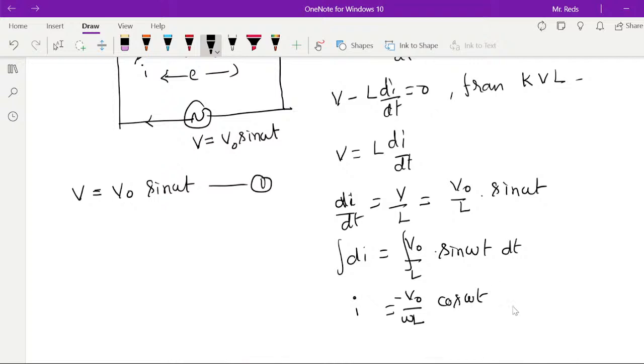So we can write V naught by omega L as I naught into sin omega t minus 90, or pi by 2. When you have a negative sign, better to take minus pi by 2. If there is no negative sign, then you can take omega t plus.